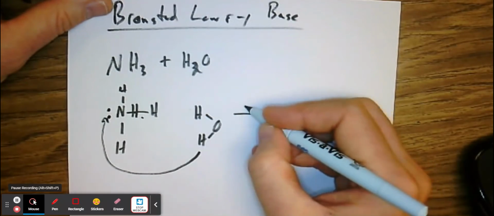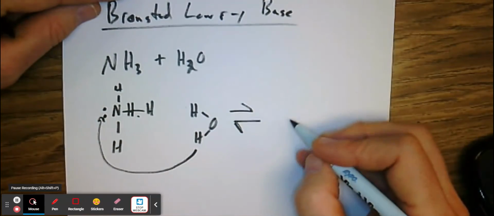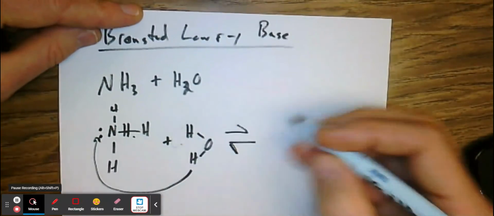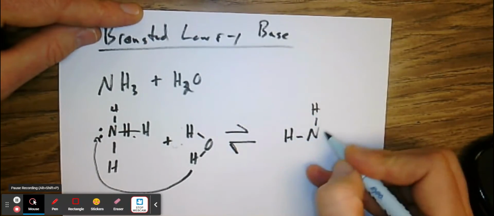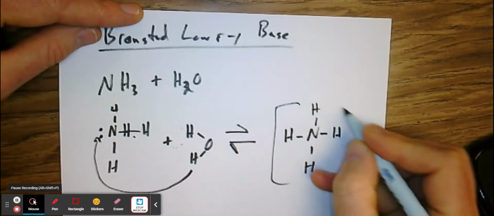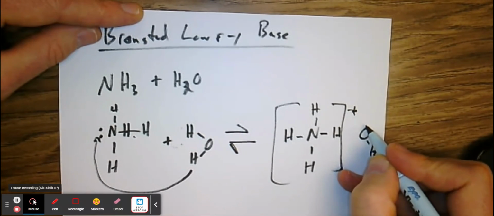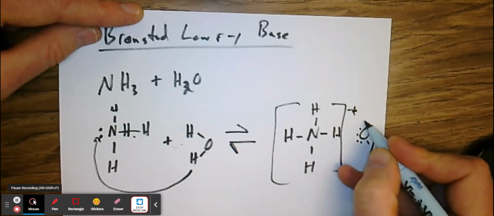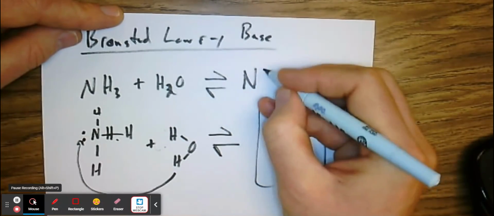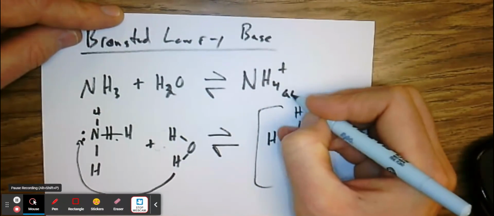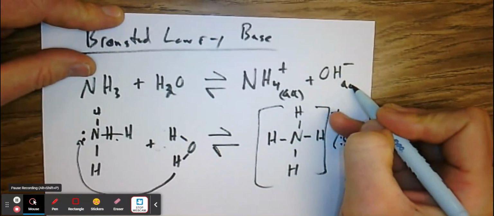It's going to form an equilibrium because ammonia is a weak base, and it's going to form this species and this species. So we make NH4 plus, aqueous, and OH negative, aqueous.